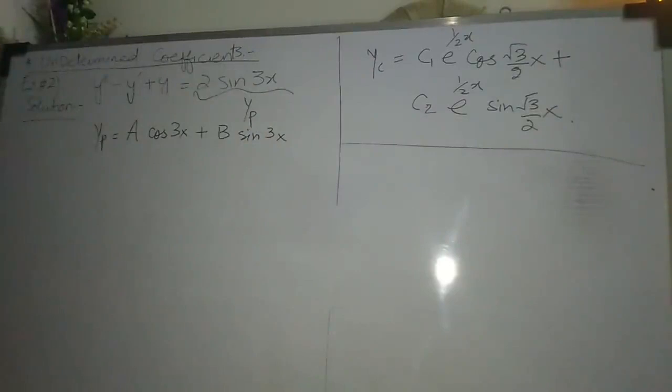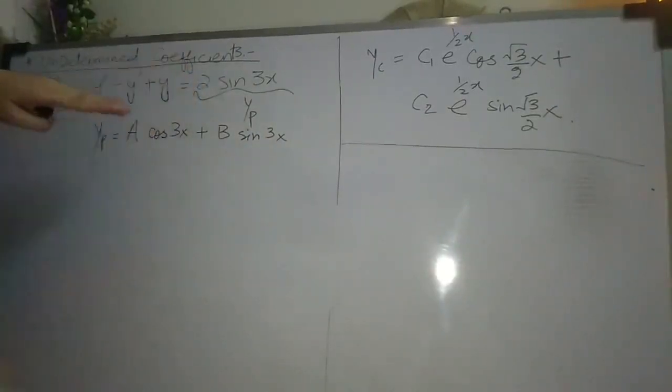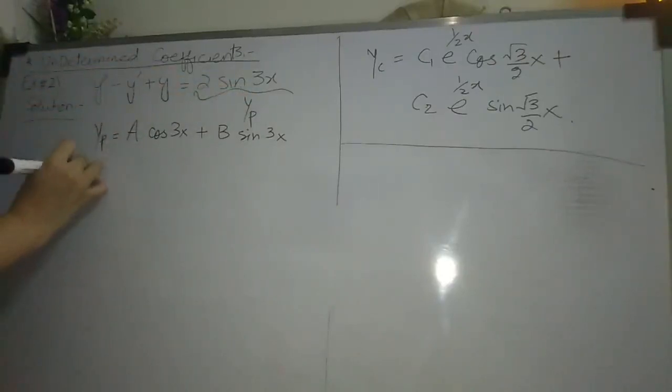And then I will take the derivatives according to the left hand side. I have to substitute the values of y p, because we suppose that y p is a particular solution, and if it is a solution, it must obey the equation. So for that I have to take the first derivative.